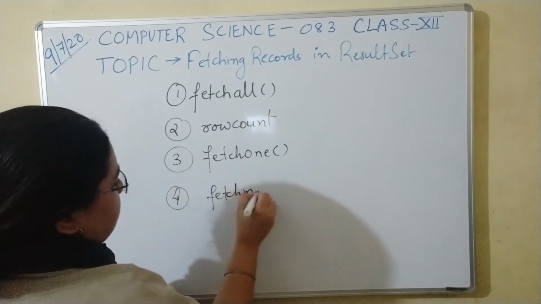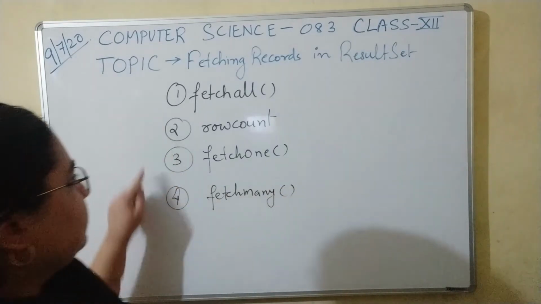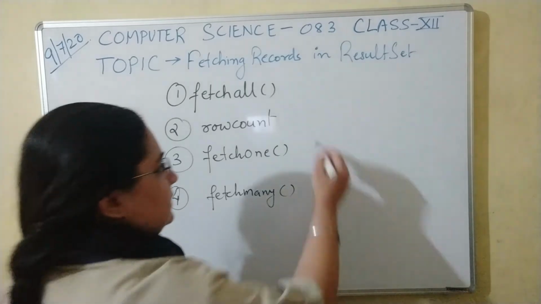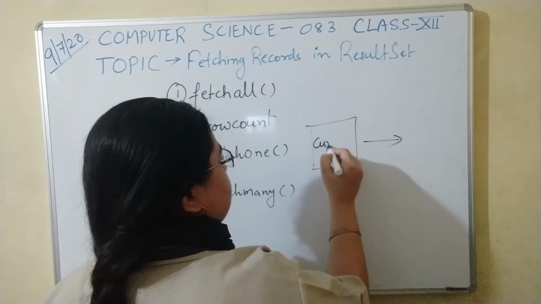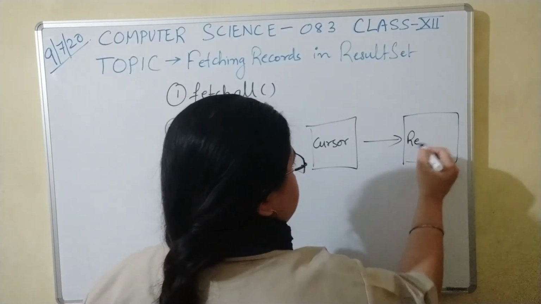So today we will be learning about these four different methods of fetching records from the data cursor and bringing them into the result set.